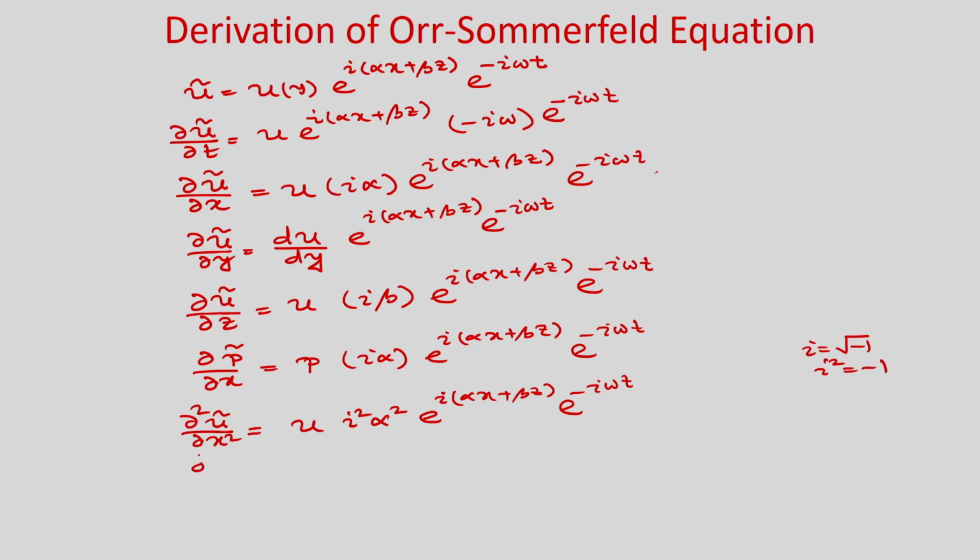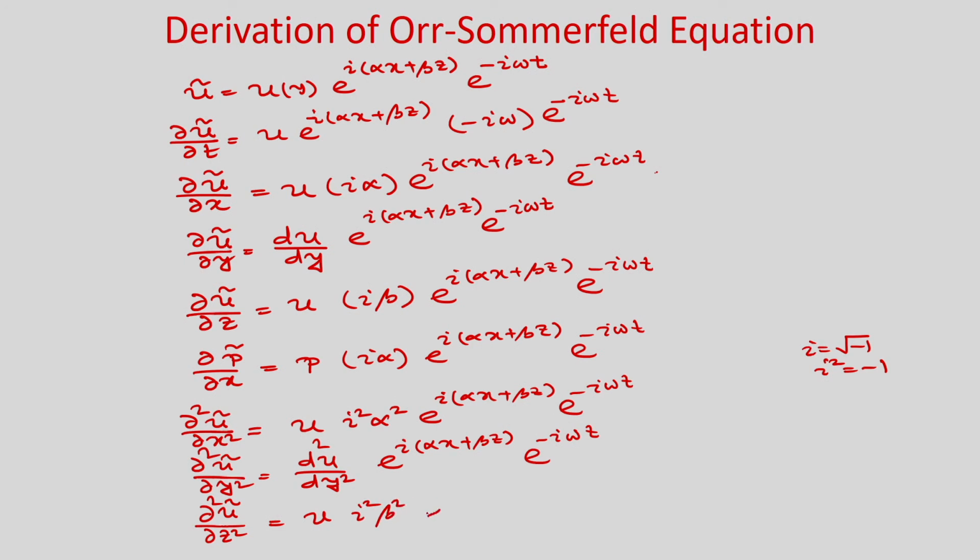And del 2 u tilde by del y square, we will get d 2 u by dy square e to the power i alpha x plus beta z e to the power minus i omega t, and del 2 u tilde by del z square will be u i square beta square e to the power i alpha x plus beta z e to the power minus i omega t.